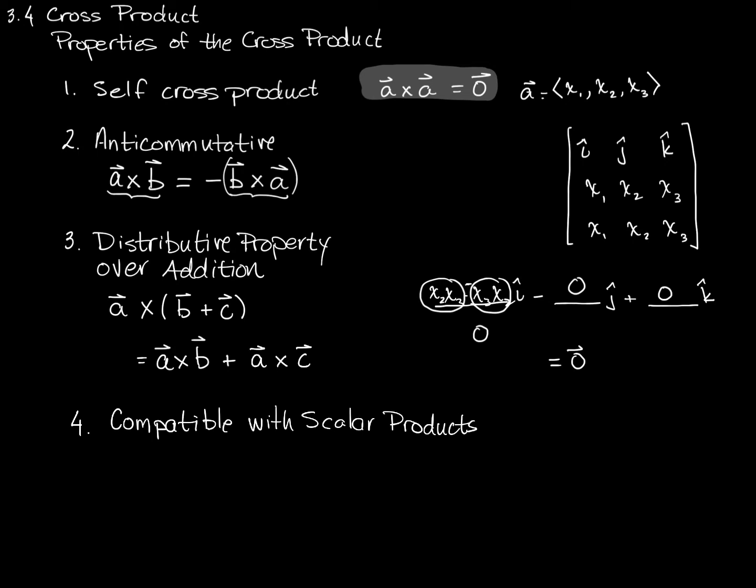What this one tells us is that if I take the cross product of two vectors, that's going to be a vector, remember, and I take any real number as a scalar and multiply it through that new vector, I'll get the same result as if I had just multiplied the first vector by that scalar multiple and then crossed the result with the other vector, or scaled the second vector with that real number, that scalar, and then found the cross product of the first vector with that new scaled vector.